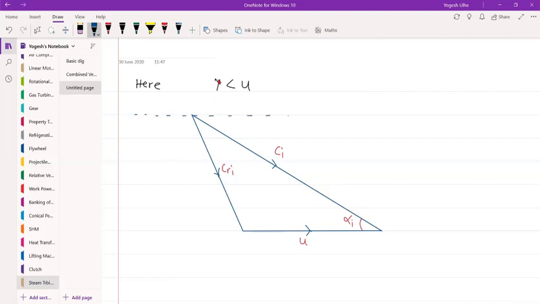Try to see the concept, guys. Understanding the concepts is very, very important. This dotted vertical line. This angle is what?